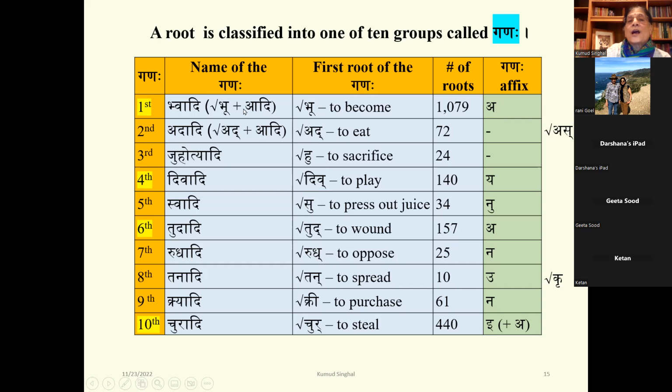Adi means etc., so the dhatu bhu plus others. The first gana is called bhavadi, and it has about half of the total roots. The total roots are around 2,200, so it has about 1,000 roots. There are lots of roots in this gana, and all of these roots will behave in the same manner, as we will see later. And the gana affix is a.